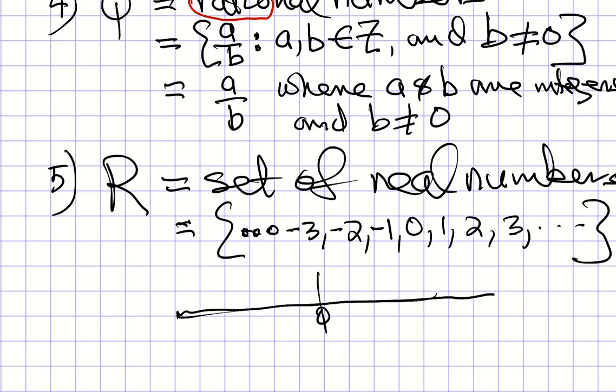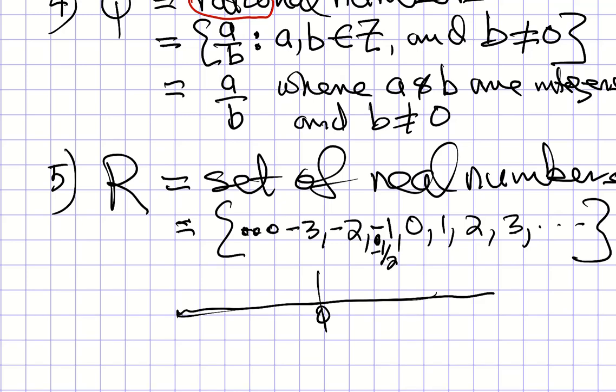So they include, over here, negative half, and you could have a half over here, and over here you've got 2.5. Those are fractions. It contains fractions too, right? So it contains everything listed above. That's all that is saying.